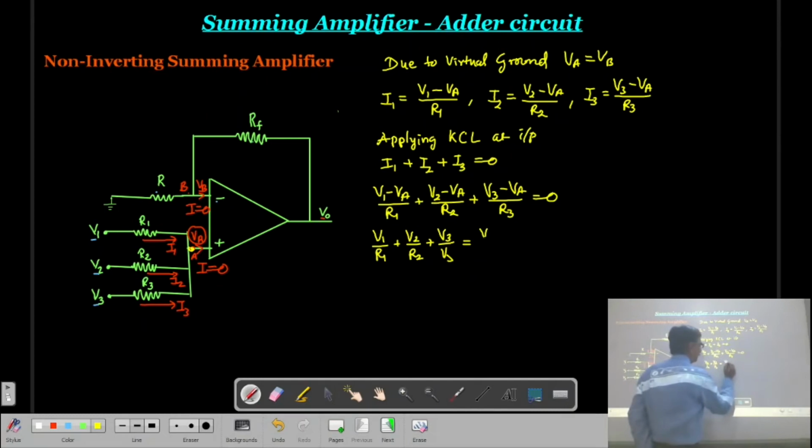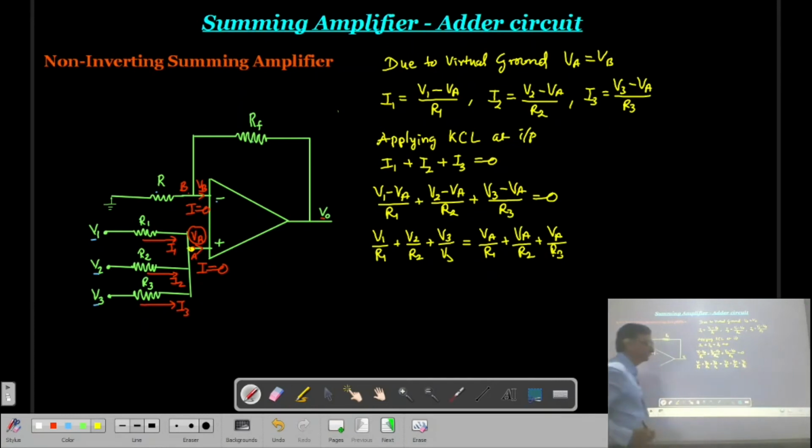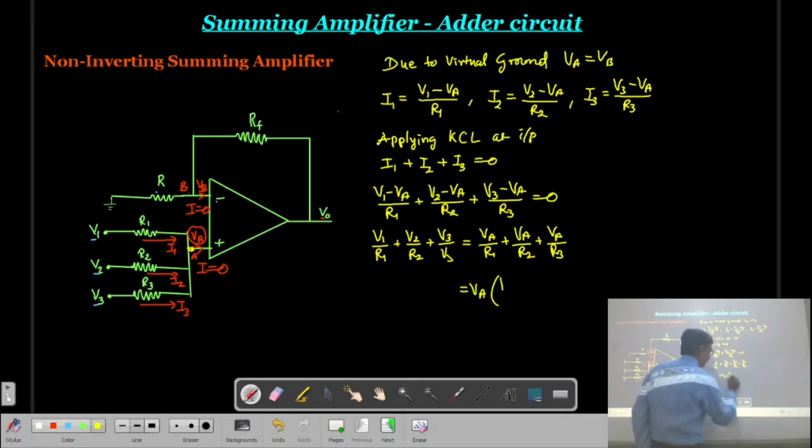So this will be VA by R1 plus VA by R2 plus VA by R3. And here if we take VA common, then this is 1 upon R1 plus 1 upon R2 plus 1 upon R3.